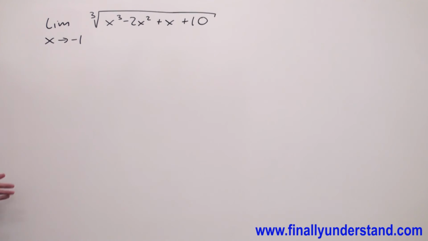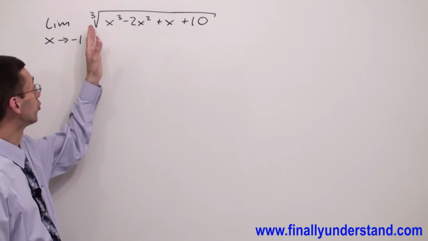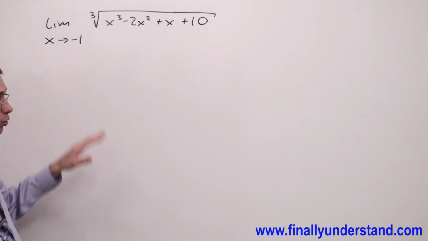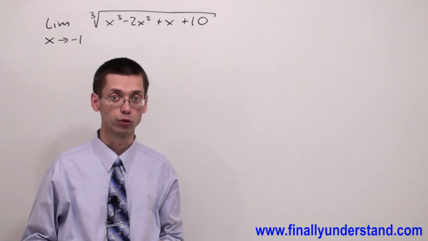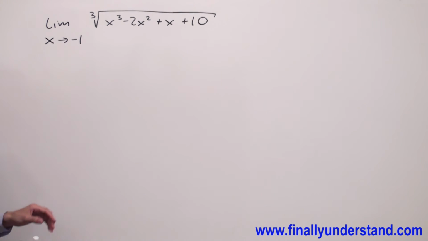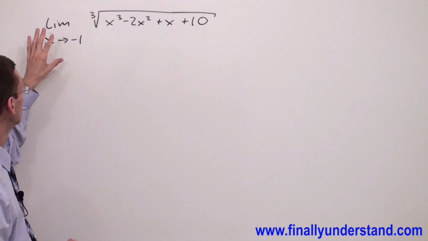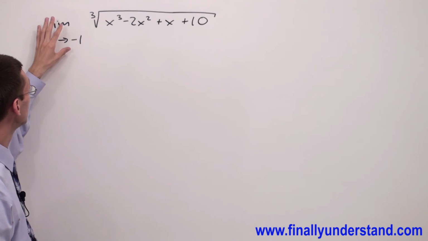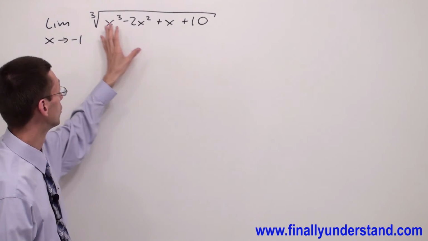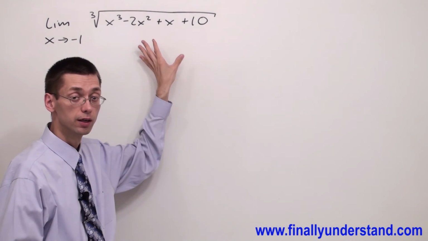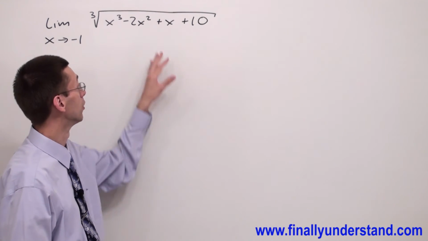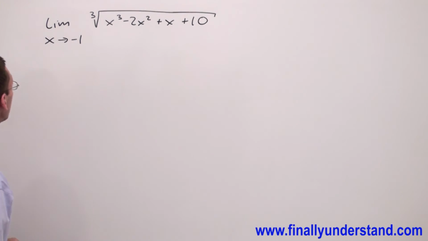This time we're supposed to find the limit of the cube root of a polynomial with x approaching -1. How are we supposed to look at this problem? We're supposed to use the theorem for limits, which says that the limit of the cube root of the polynomial is equal to the cube root of the limit of that polynomial.